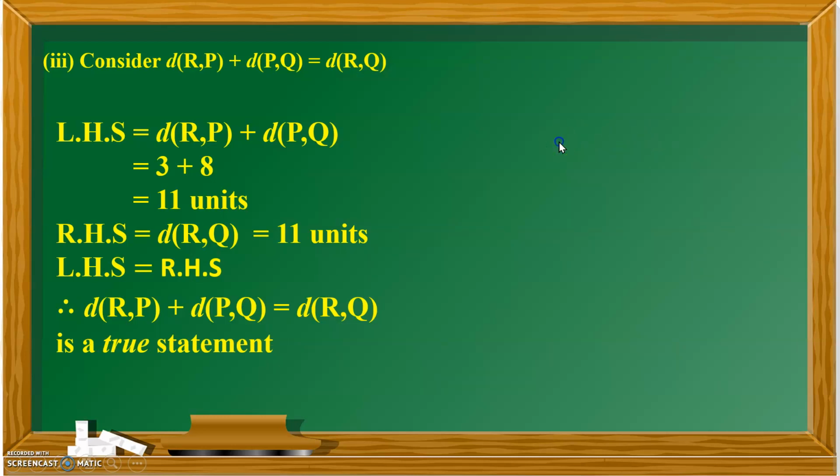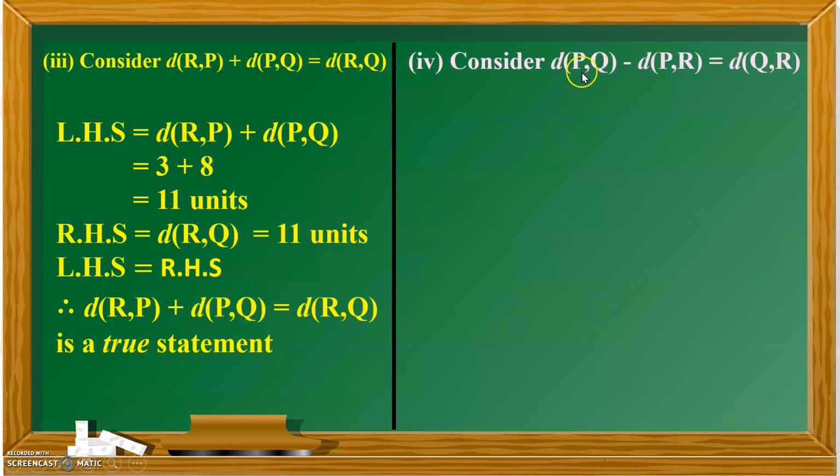Okay, now for the fourth statement, the final statement of this question, consider distance between PQ minus distance between PR equal to distance Q and R. Now again we have to start with the LHS.